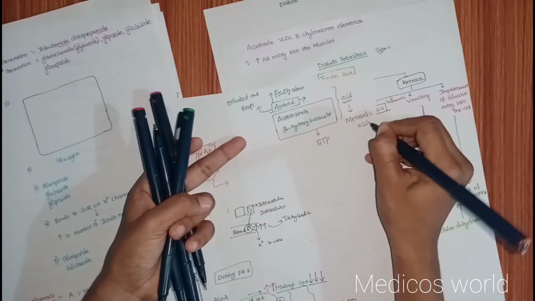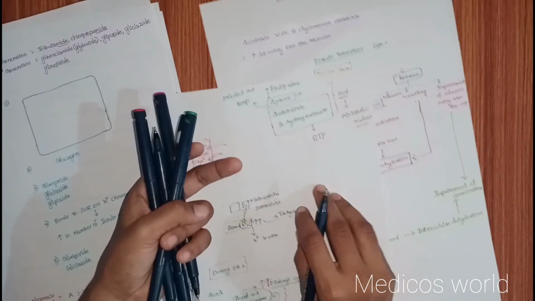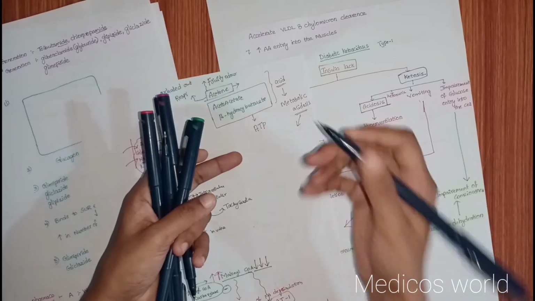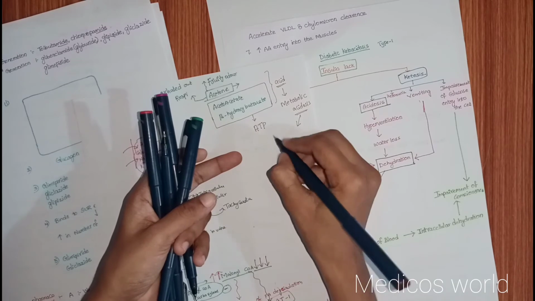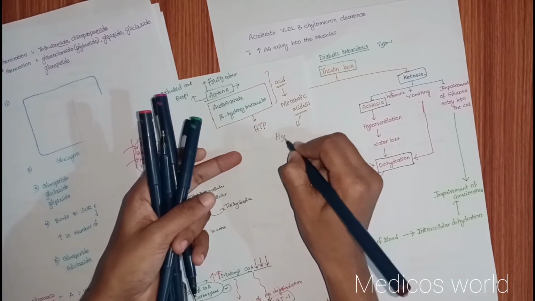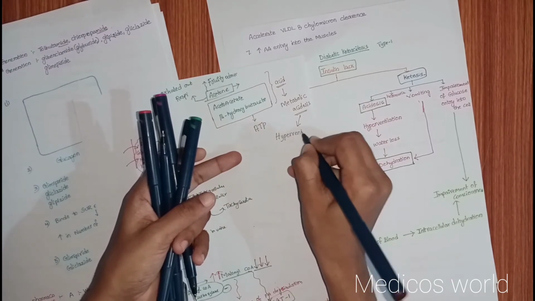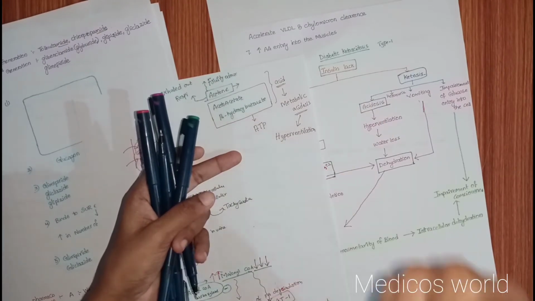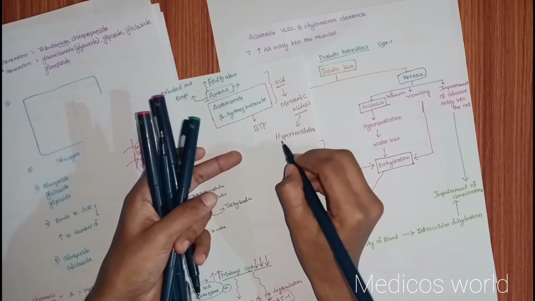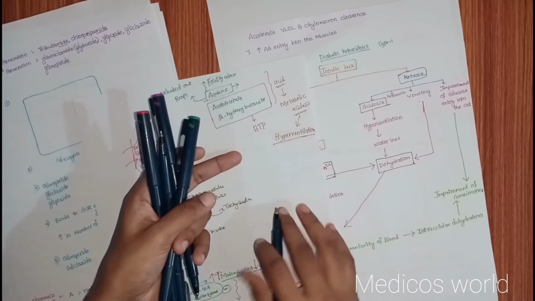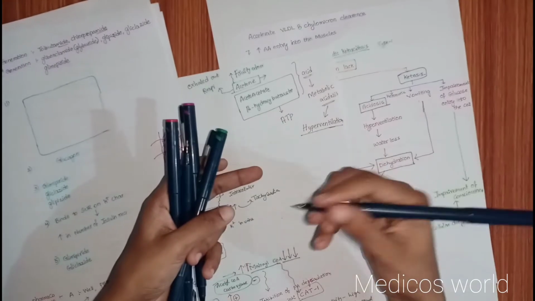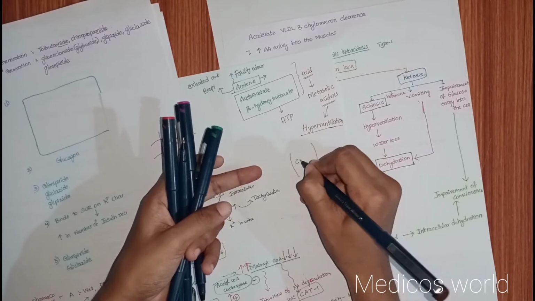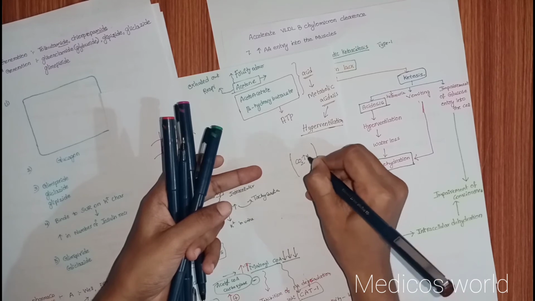Are you getting my point? Metabolic acidosis. To compensate for this metabolic acidosis, our body stimulates the respiratory center so that we have hyperventilation. In metabolic acidosis, acid means carbon dioxide is elevated in our body.